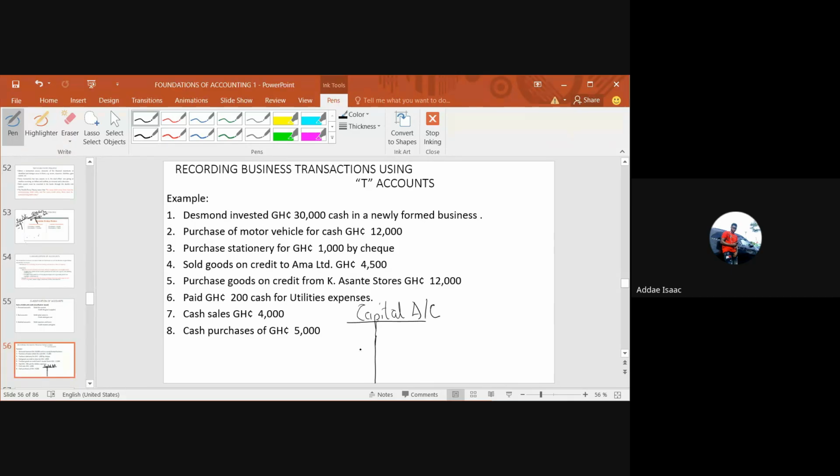But the right hand side and left hand side are supposed to be labelled. The left has to be DR and the right has to be CR. No, you don't necessarily write them. It's just for illustration purposes I wrote them. You have to know it offhand that your left is your debit, your right is your credit.